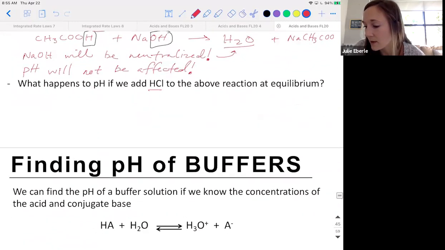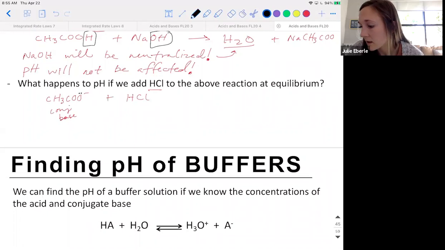So the reaction that will happen is CH3COO minus, the conjugate base. It'll see that HCl in solution, and the lone pairs here will grab that hydrogen. It's just an acid-base reaction.